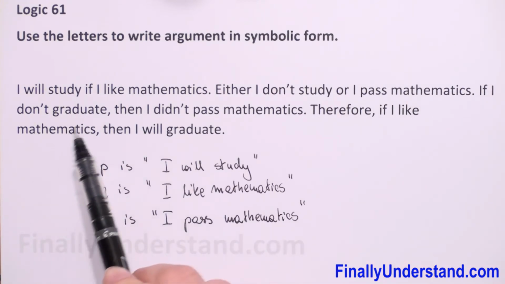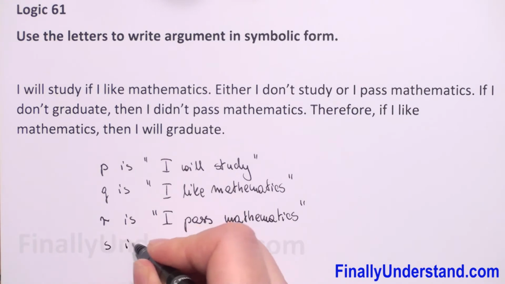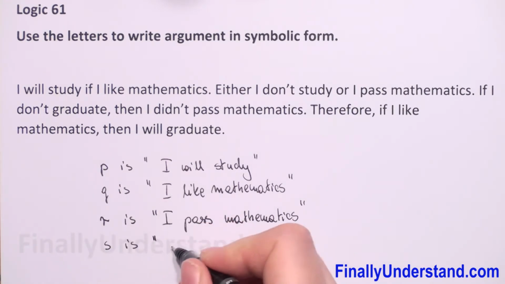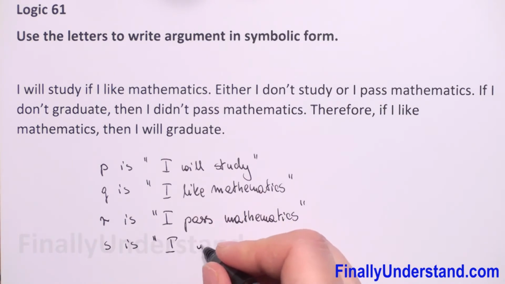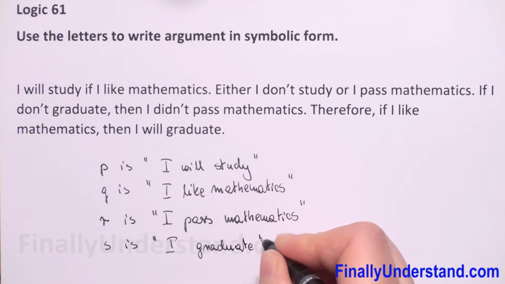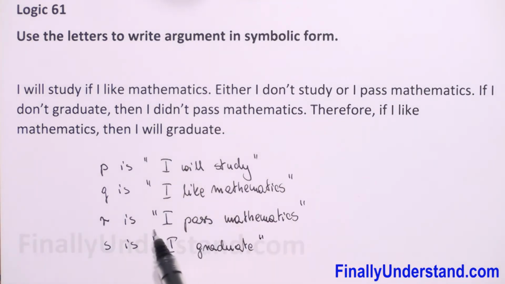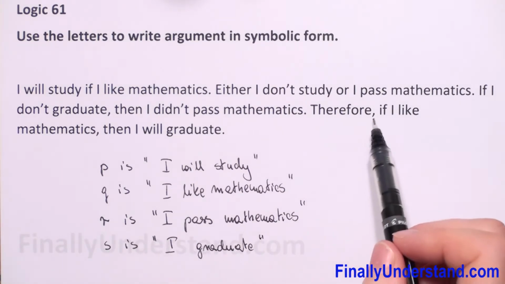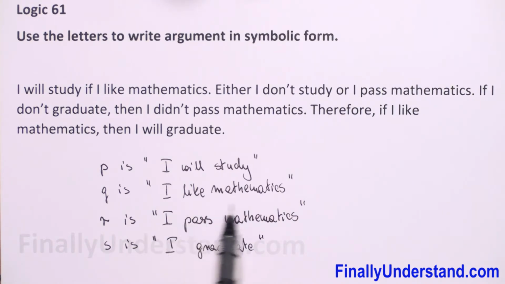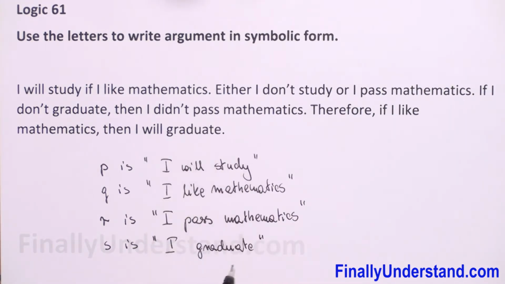We have a negation because we have don't, so let's say S is I graduate. And I didn't pass mathematics, so we have the negation of R. And we have if I like mathematics, a simple statement, I will graduate.